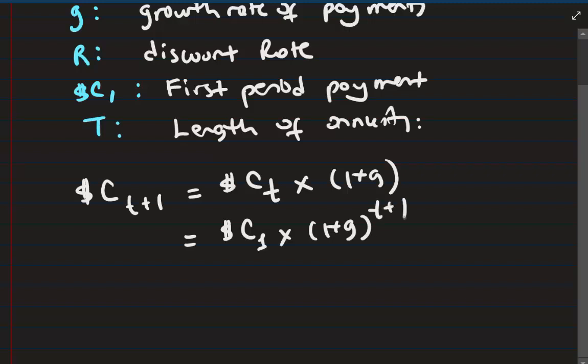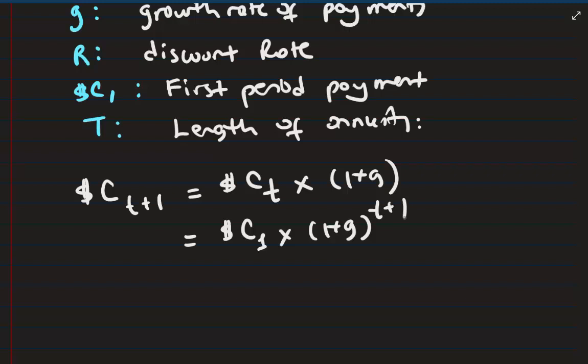So if you wanted to know the payment for time period 10, then t is 9. That would be 1 plus g to the power 9 times the first period payment.